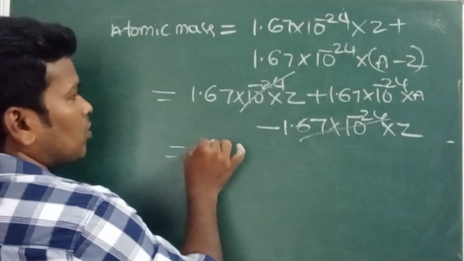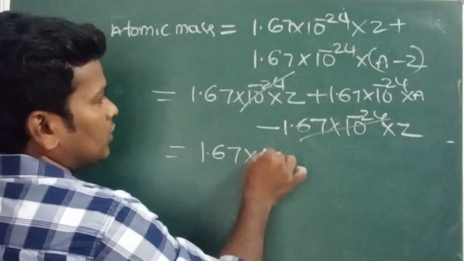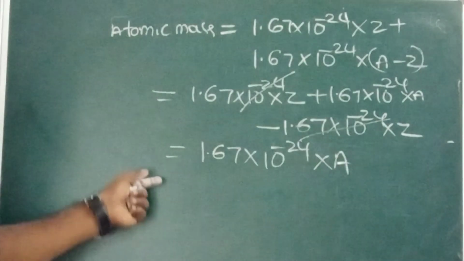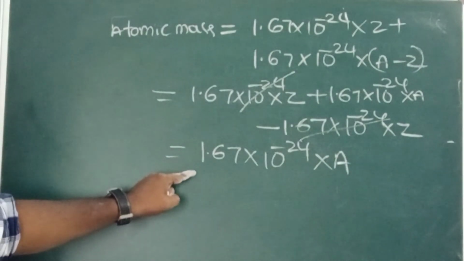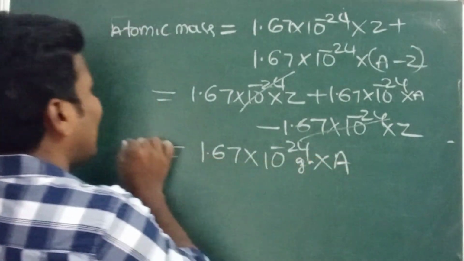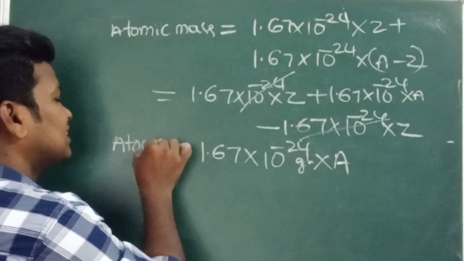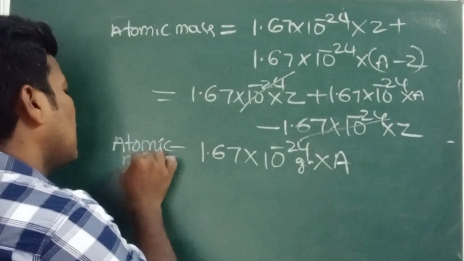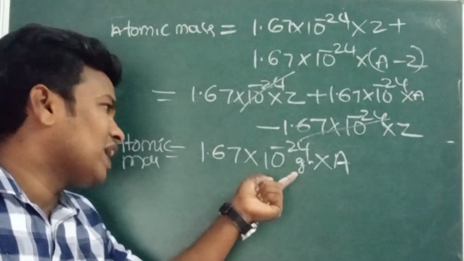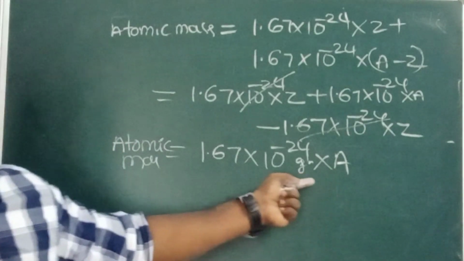So atomic mass is equal to 1.67 into 10 to the power of minus 24 into A. If you want to represent it in terms of mass, it is 1.67 into 10 to the power of minus 24 grams into A.